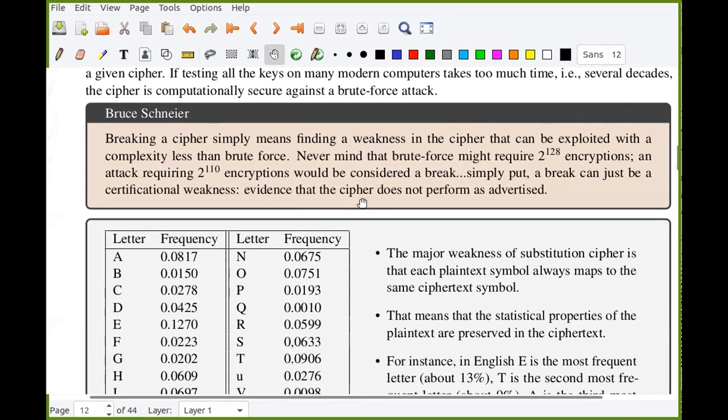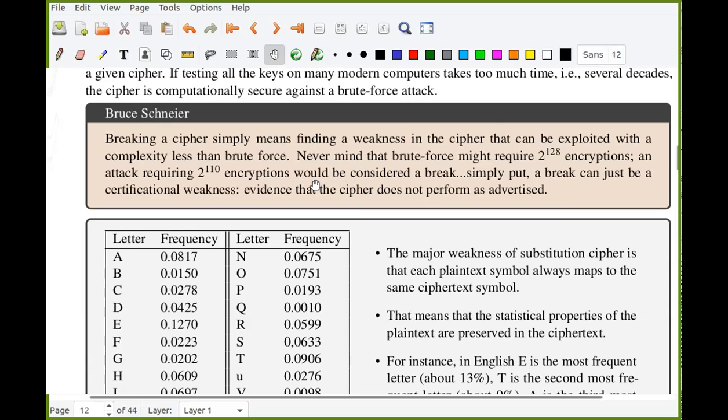One person called Bruce Schneier said that breaking a cipher simply means finding a weakness in the cipher that can be exploited with a complexity less than brute force. Never mind if brute force might require 2 power 128 encryptions; an attack requiring only 2 power 10 encryptions would be considered a break.